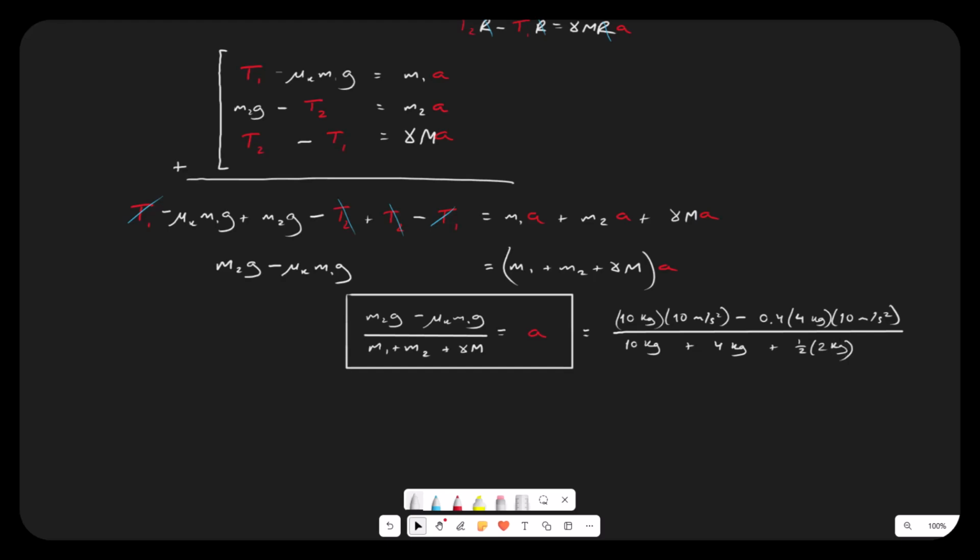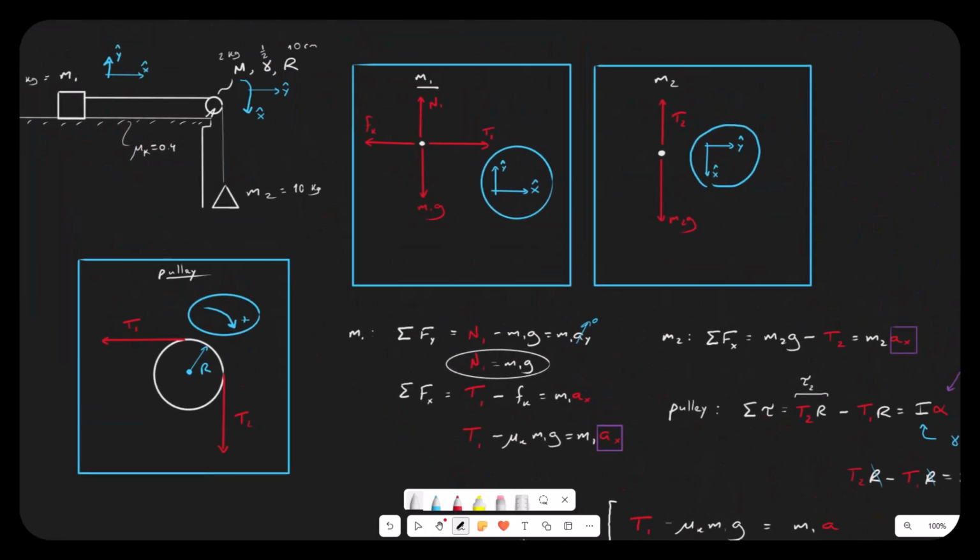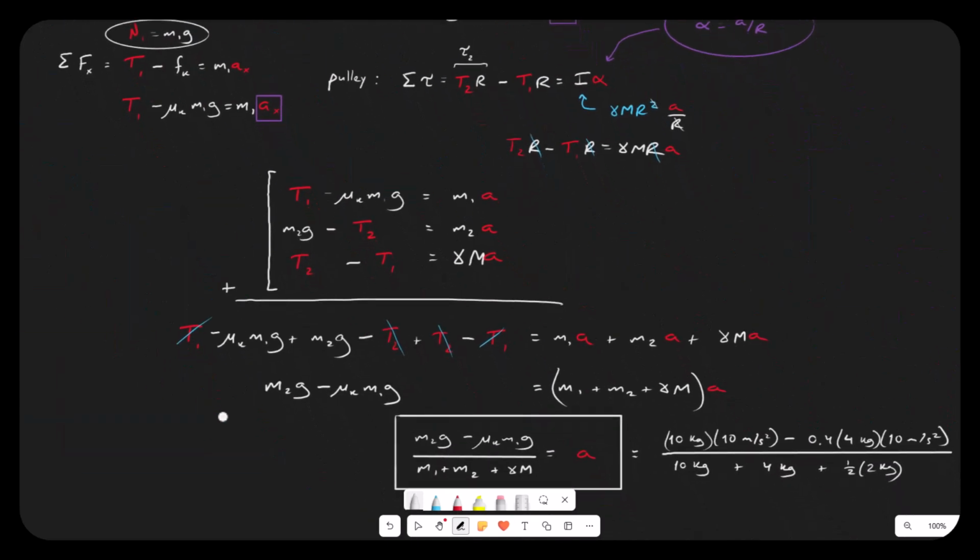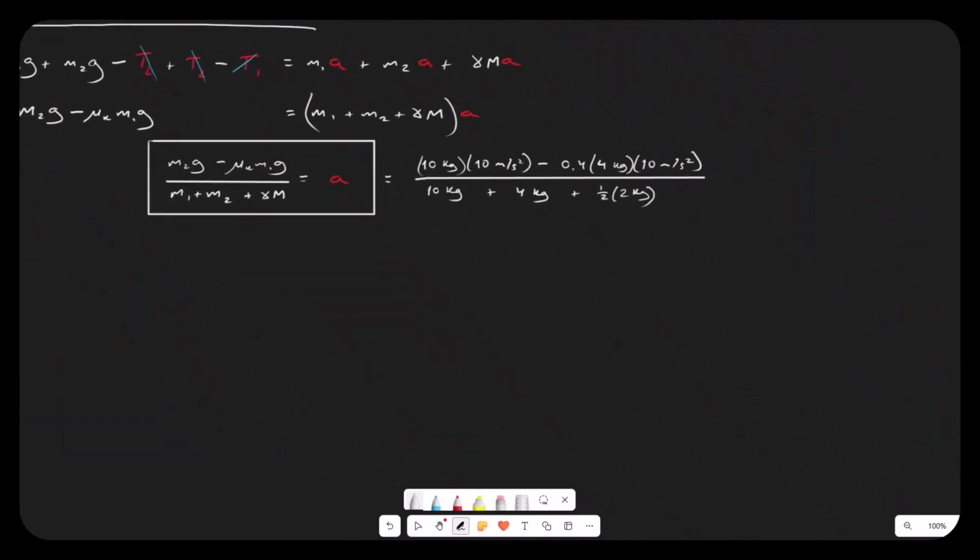I think I said 2 kilograms. I did. So when I plug all that in, I'm going to get something.